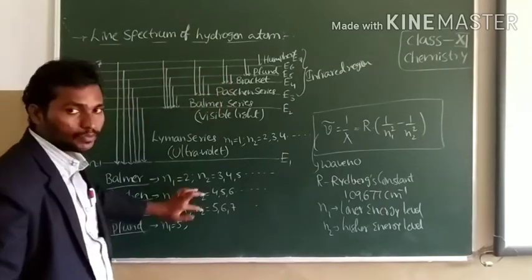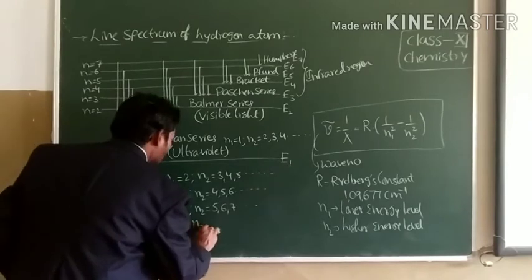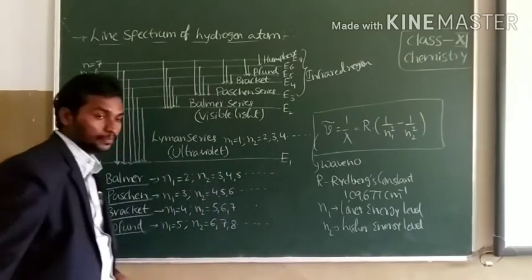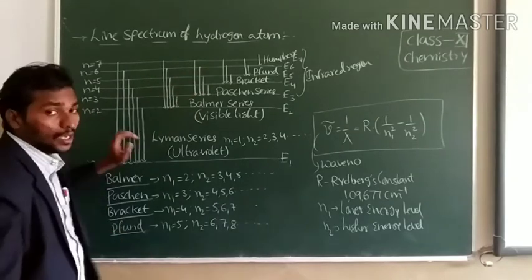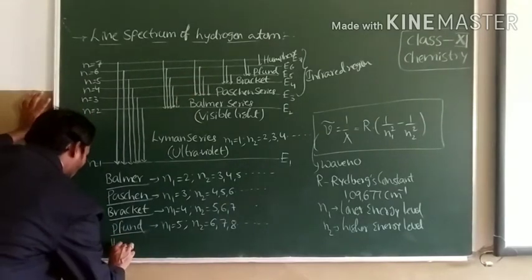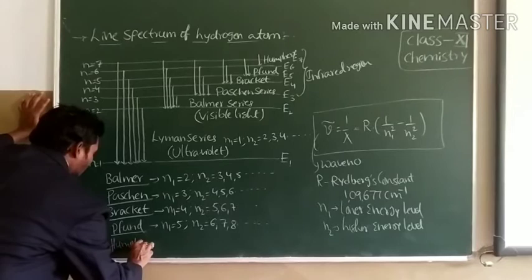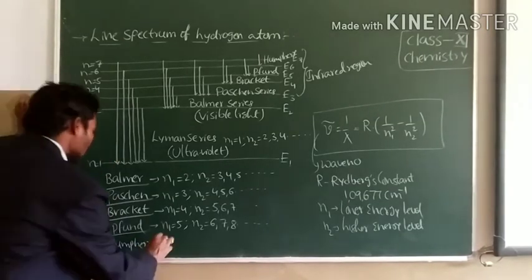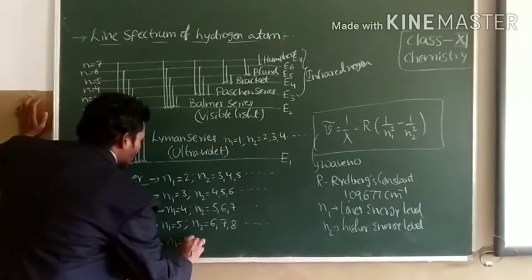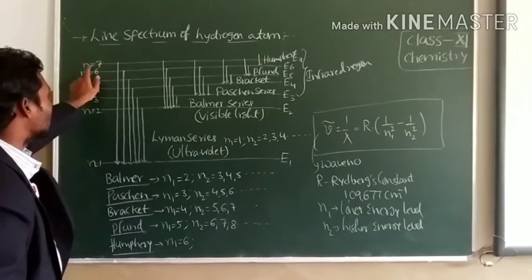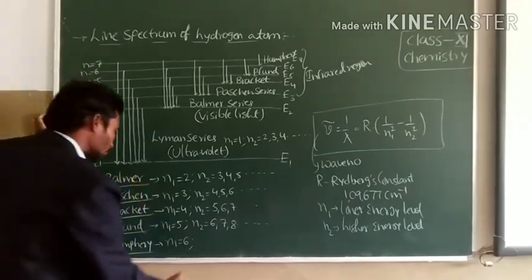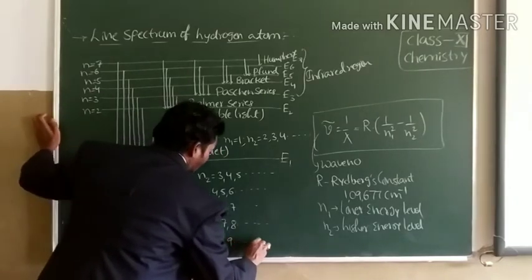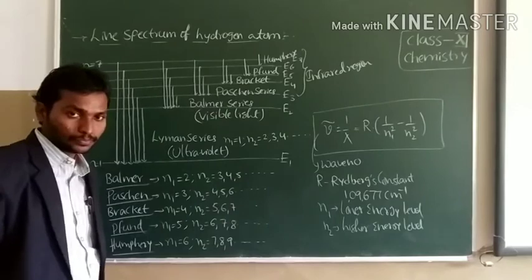The n2 value is 6, 7 and so on. After the Pfund series, the Humphreys series. The n1 value is 6 because we observe the Humphreys series in the sixth energy level. The n2 value is 7, 8, 9 and so on.